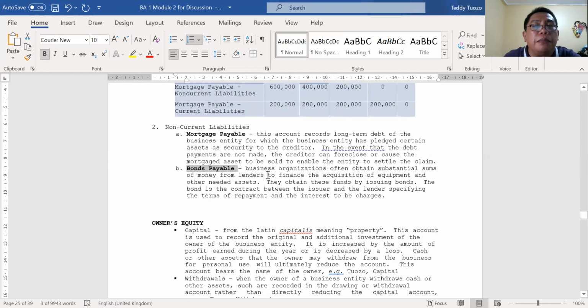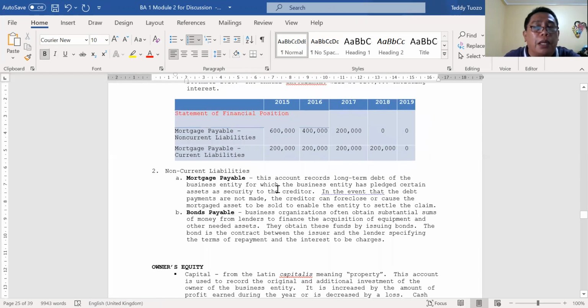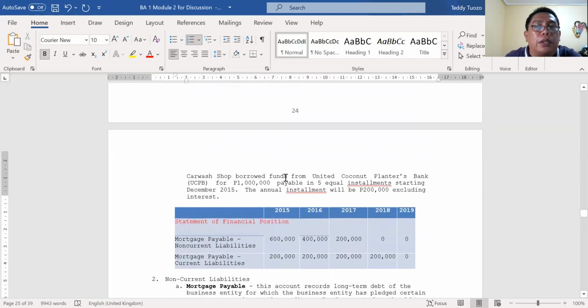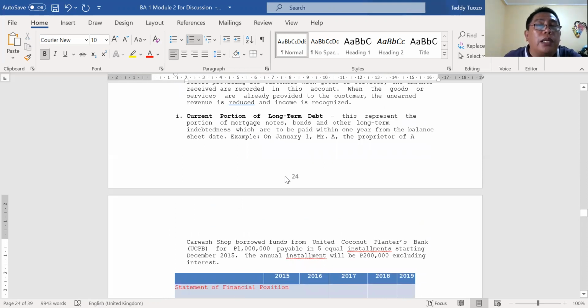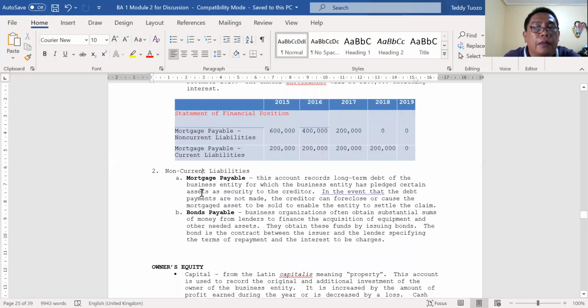For long term, our mortgage of 1 million is mortgage payable, non-current, but the mortgage payable for the short-term period, our annual installment, would be classified as the current portion of long-term debt. Mortgage payable is when you borrow funds and offer your real properties as collateral for the loan.